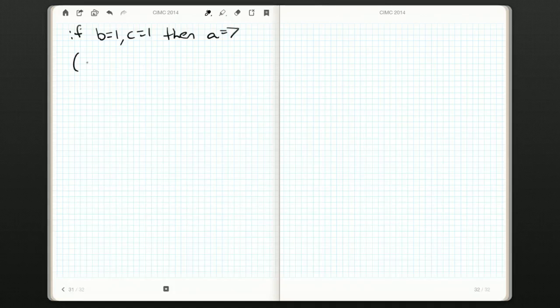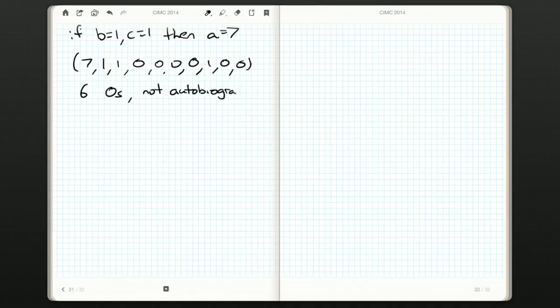So that's looking a little better. 7, 1, 1, D, E, F, G, H, I, J. Doesn't describe itself, so we're going to say it's not autobiographical. There are 6 zeros. We're looking for 7 zeros.